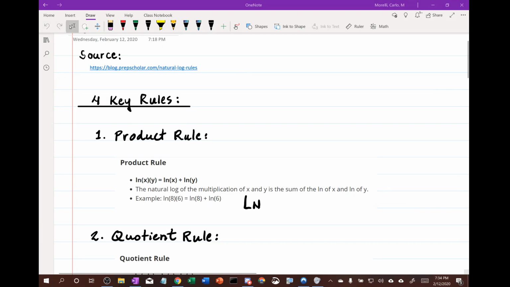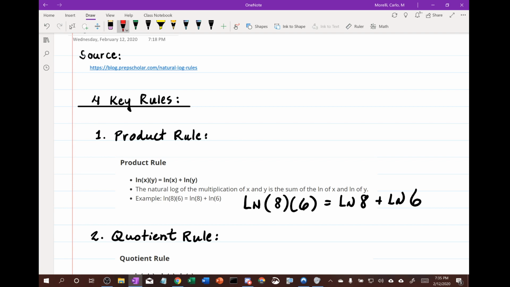All right. So ln of 8 times 6. Well, I don't want to do that. That's wrong. That's not even true. So the ln of 8 times 6 equals ln, well, I almost broke my own rule, ln of 8 plus ln of 6. Now, here's the thing, guys. These are numbers, okay?